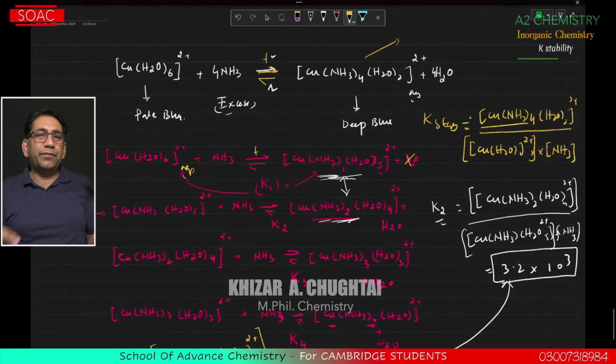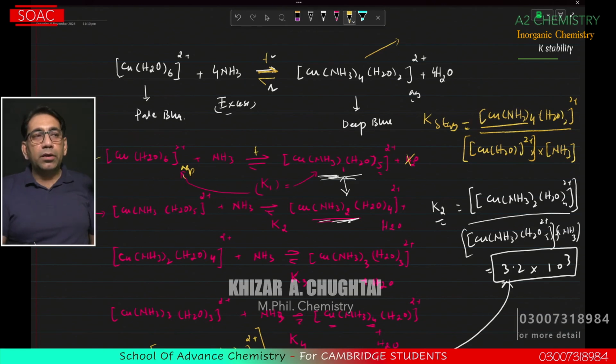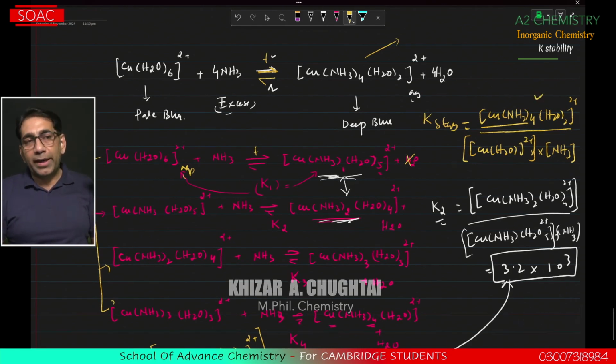Again, the answer for this stability is going to give us the overall picture of this change, the overall K stability of all 4 steps, with this one expression.